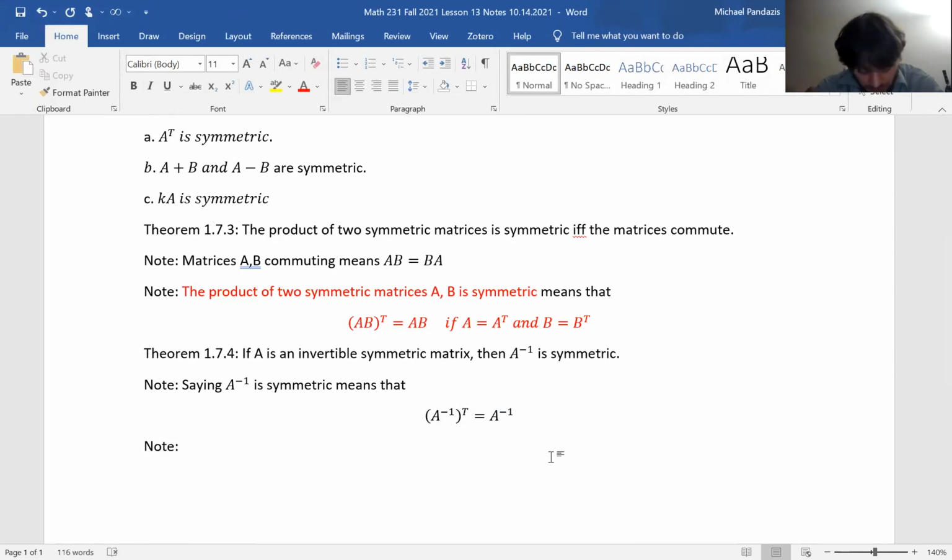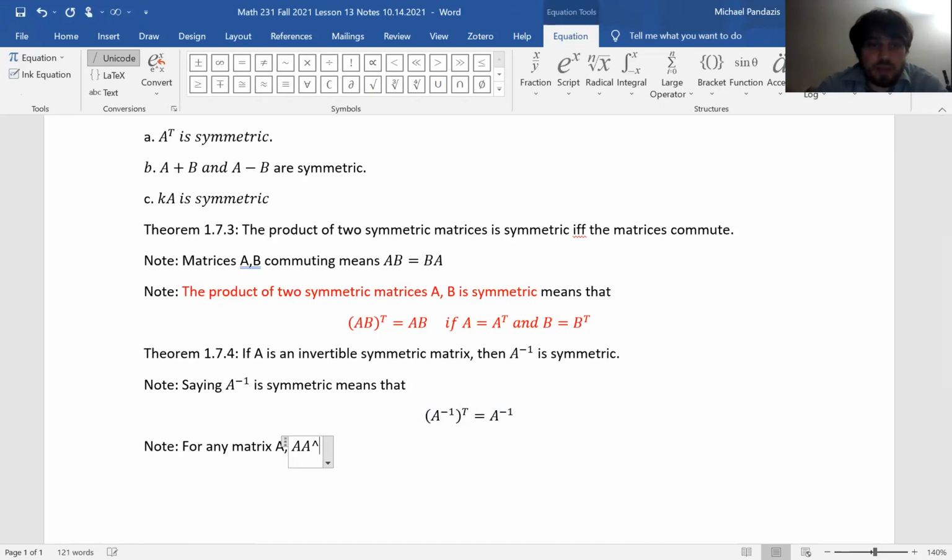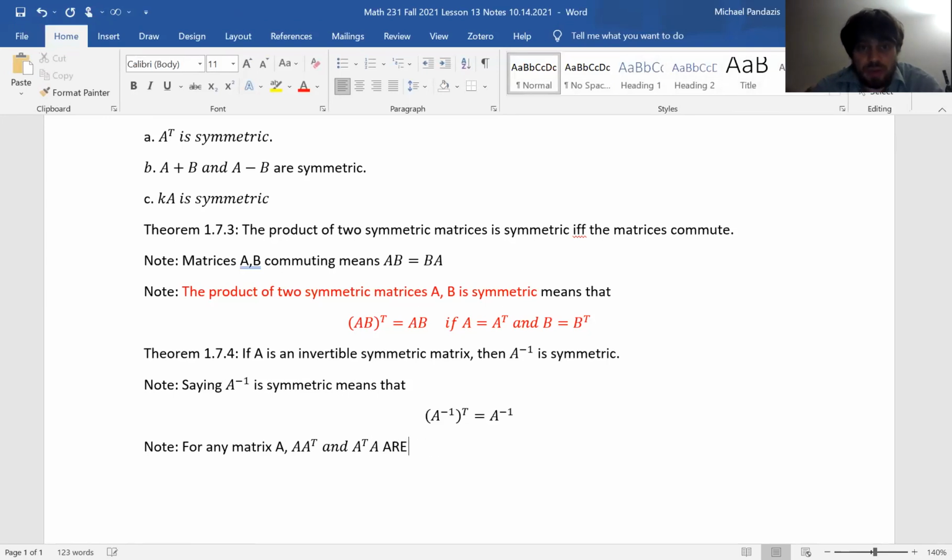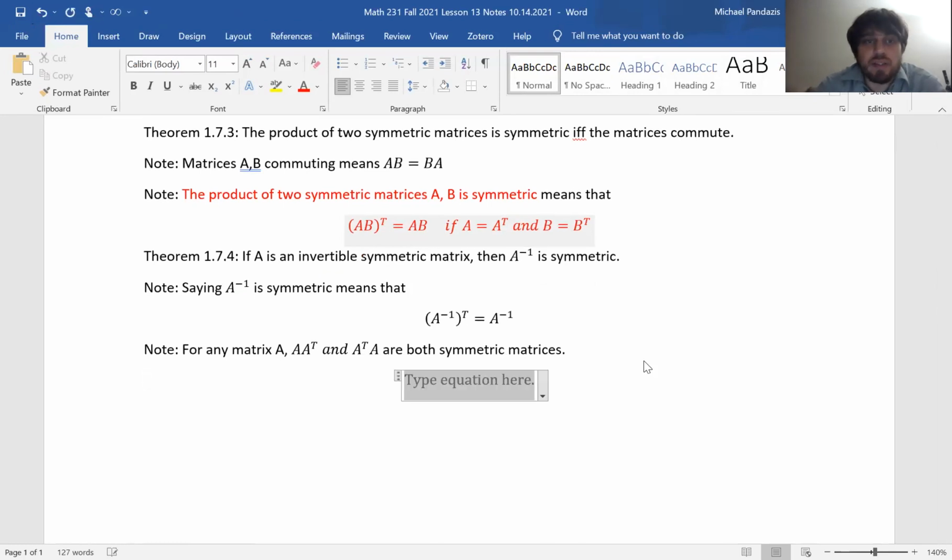And note that for any matrix capital A, A A transpose and A transpose A are both symmetric matrices. Okay, so if you take the transpose of either of them, it's equal to itself.